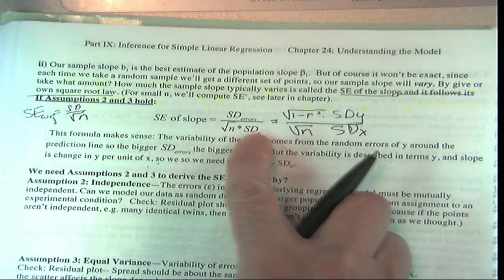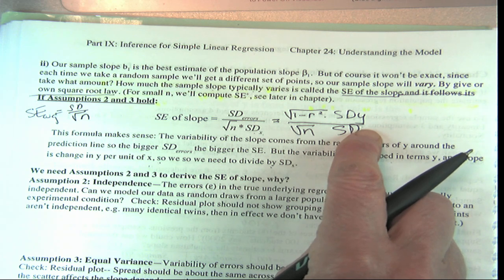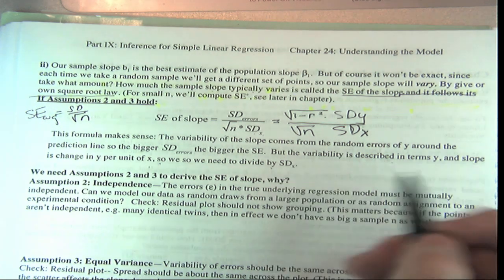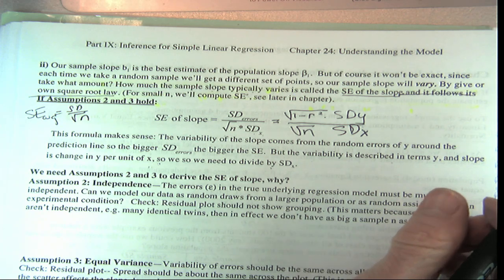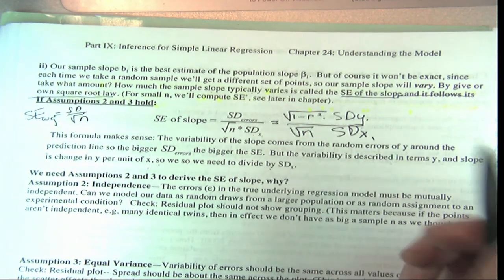So that's where that comes from. SDY over SDX. The slope tells you how much you'd go up in final points per exam point. So SDY over SDX. That's the idea.